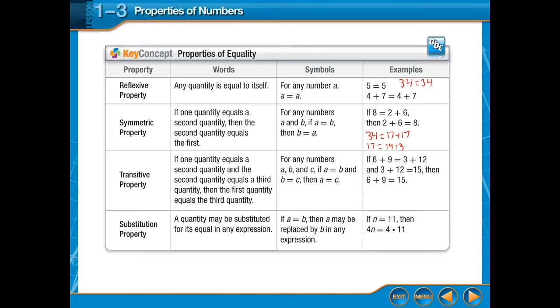If one quantity equals a second, and a second equals a third, then the first equals the last.